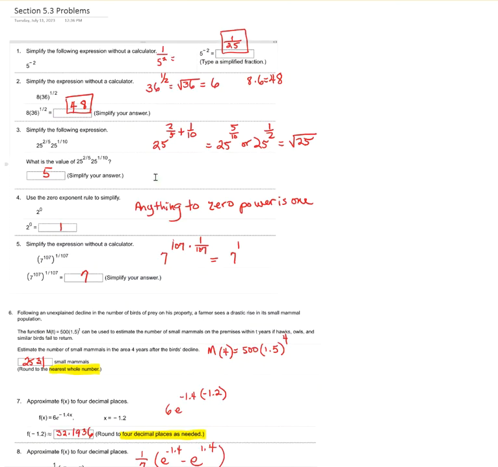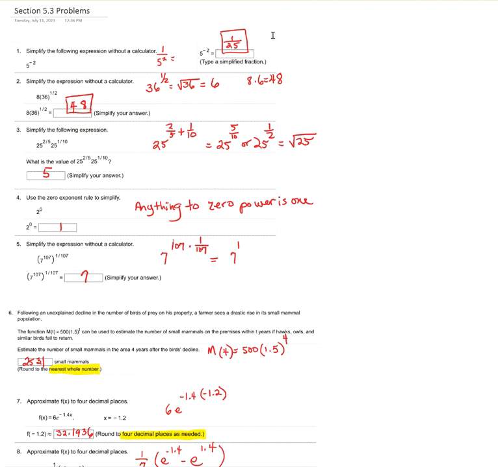Some of this is on your calculator. It says do it without a calculator, and you certainly could do either one, but you should be able to do it without it. So if you have 5 to the negative 2, that negative 2 can become positive if you switch positions. So that would be 1 over 5 to the positive 2.